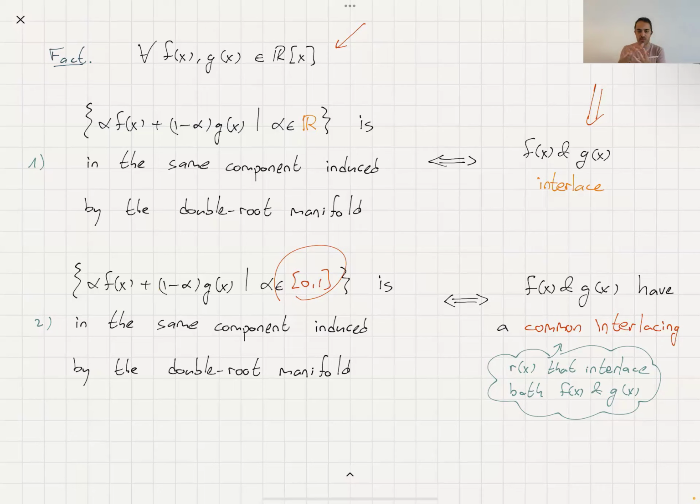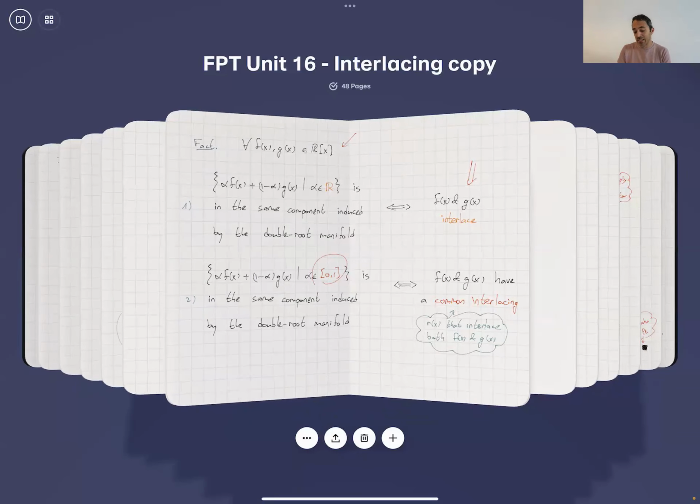Namely, they don't have to interlace one another, but there should be a third polynomial, R of X, that interlaces both F and G. Of course, if F and G interlace, then each of them is a common interlacer, but it could be the case that you have a third polynomial that interlaces both, while the two polynomials do not interlace. Okay. So in the remainder of what we are going to do, we are only going to talk in the language of interlacing and not mention the double root manifold at all. So that's why it was fine by me not to prove anything in this semi-informal discussion.